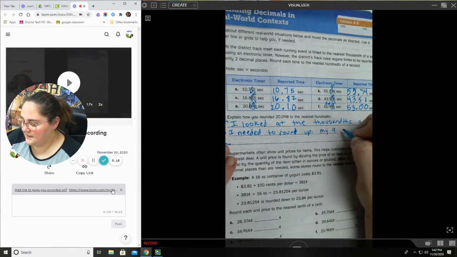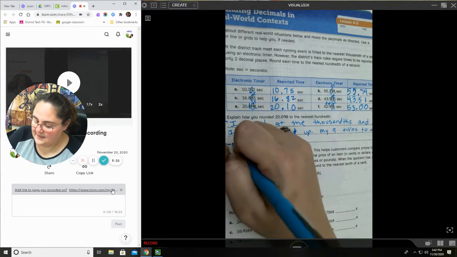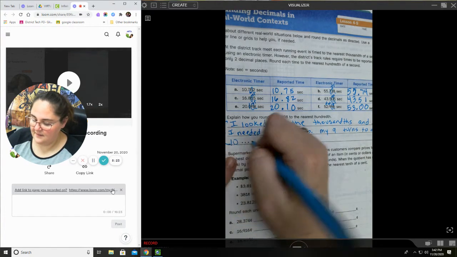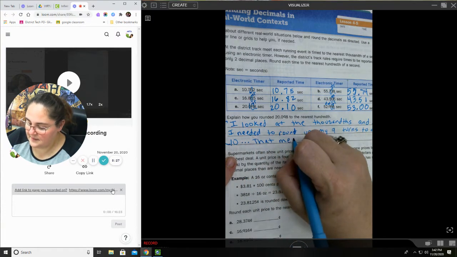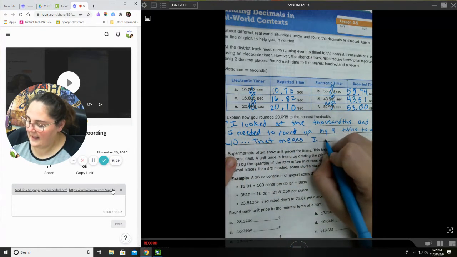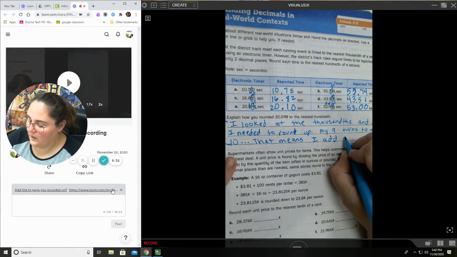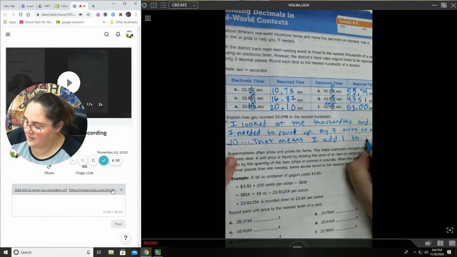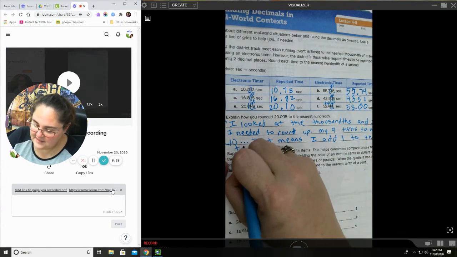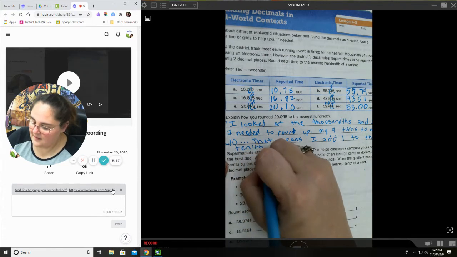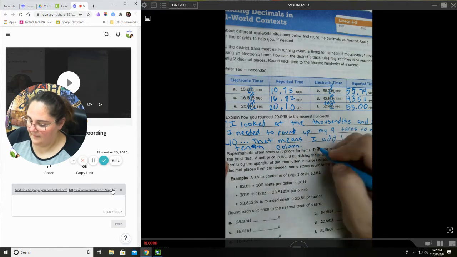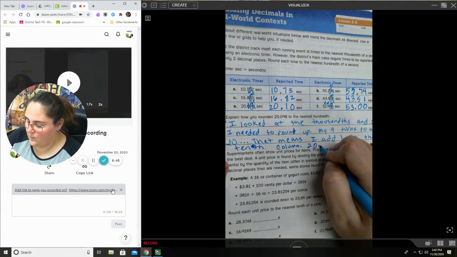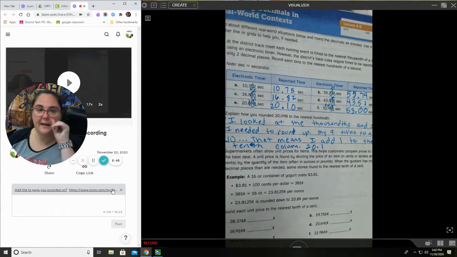My 9 turns to a 10. That means I add 1 to the tenth column to 0.1. And then I just put my answer.